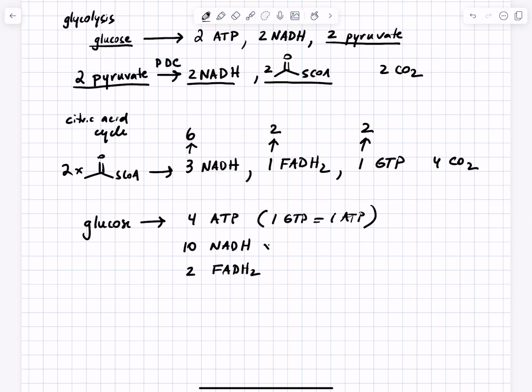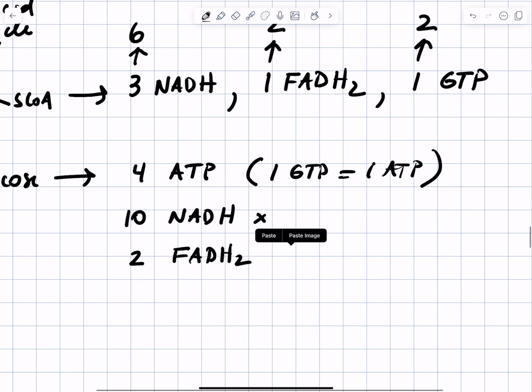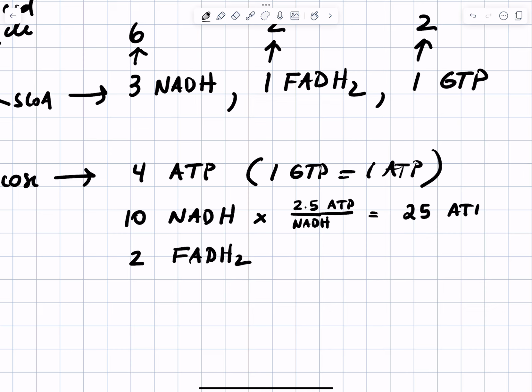So now we can apply the conversion factor from the electron transport chain that for every NADH, we get 2.5 ATP. So that would be 25 ATP from NADH.